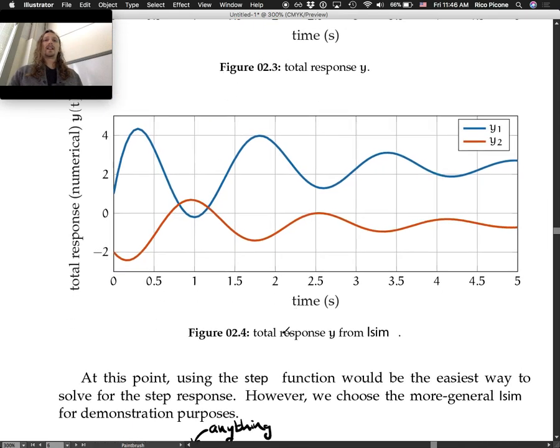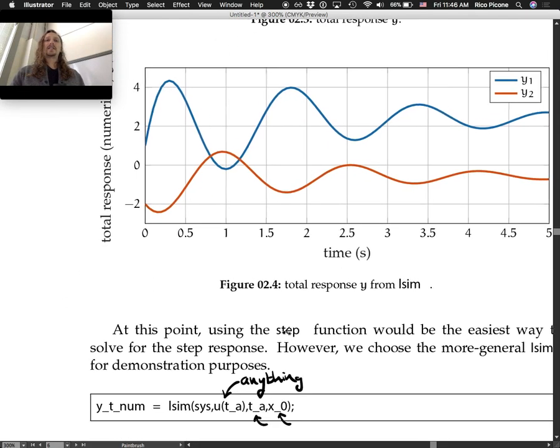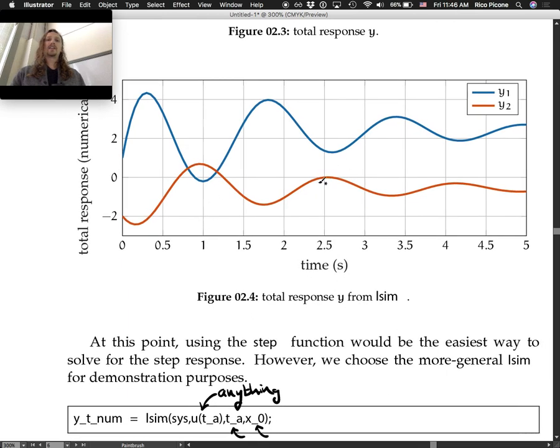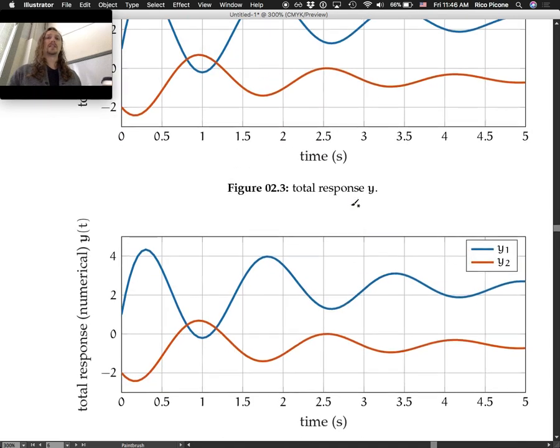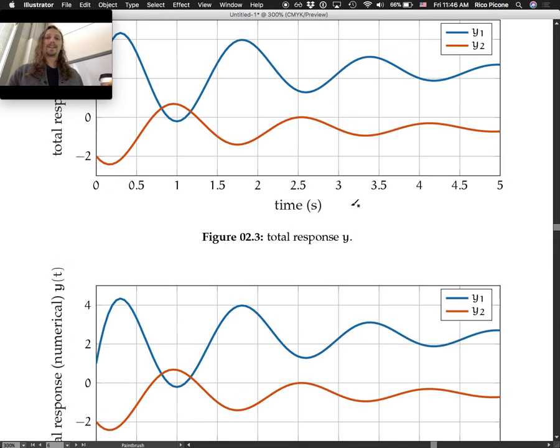So it gave us this response, which looks identical to the naked eye to this one. If I look at these two, I can't really tell any difference between the solutions. So this is the analytic-based one. It's not purely analytic because we did do numerical integration, but still a pretty analytic one.